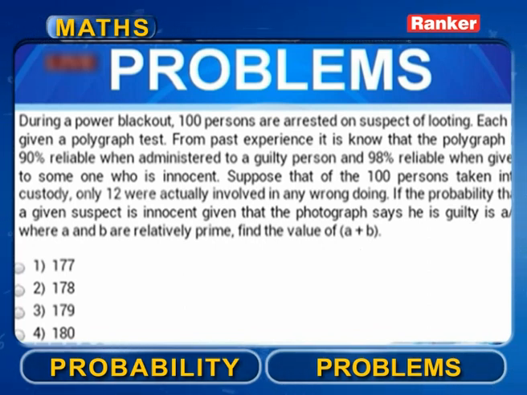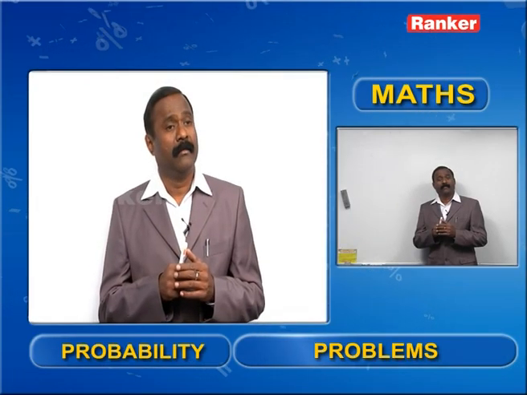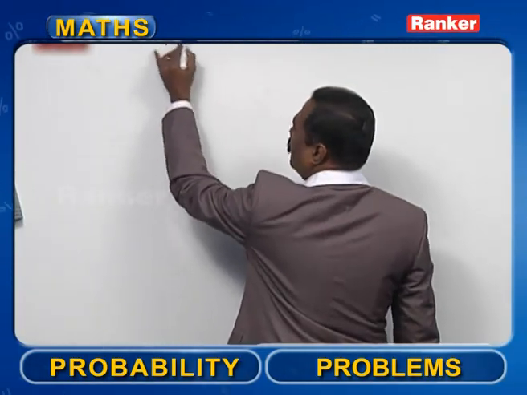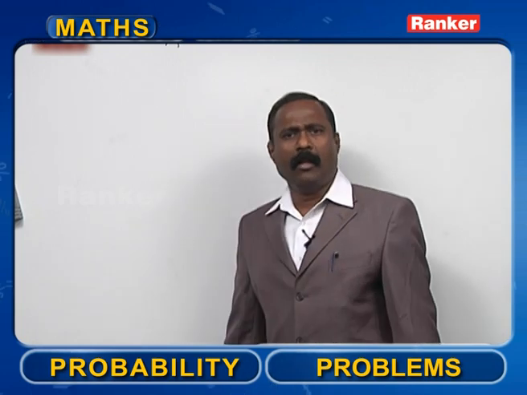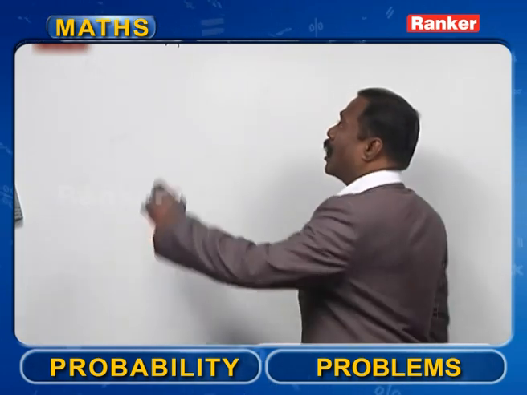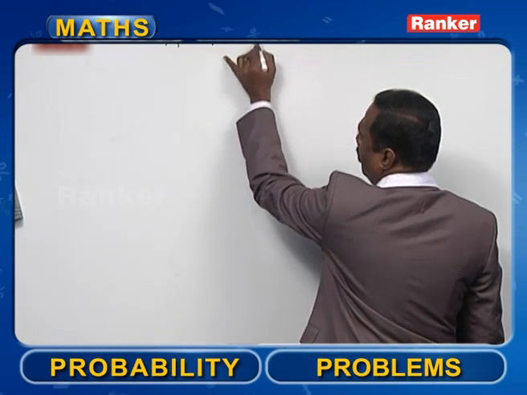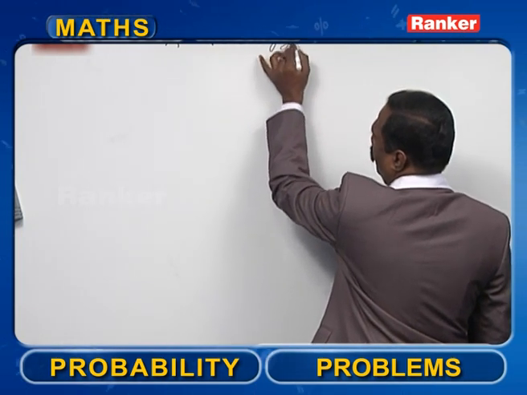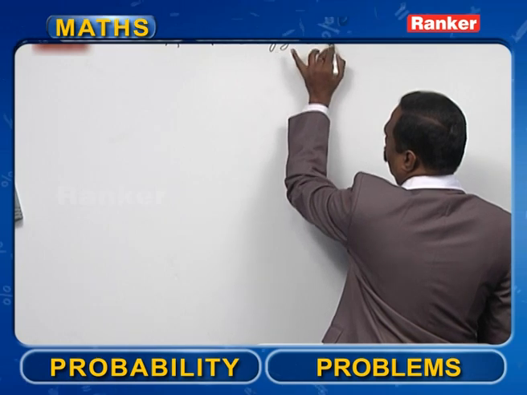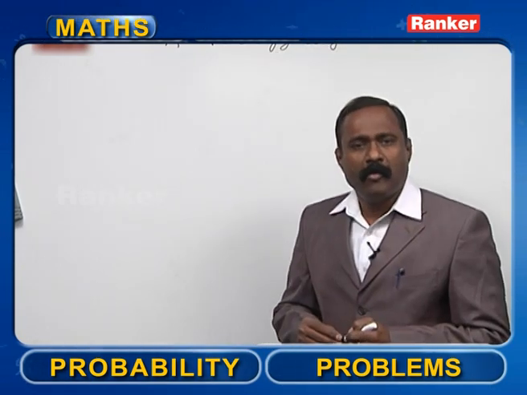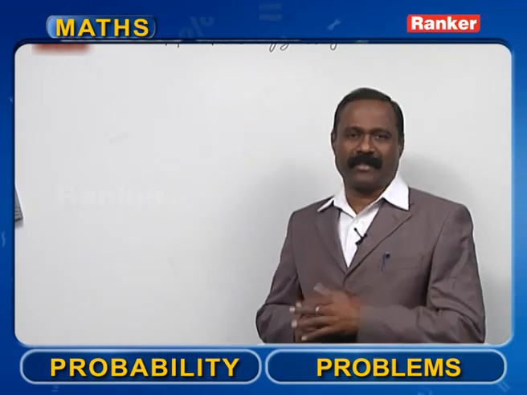This is what is given. To avoid confusion, I'll tell you a method to apply the Bayes theorem. It will be better for you. Whatever event is needed, let it be A first. Here, A is finding guilty through the polygraph test.